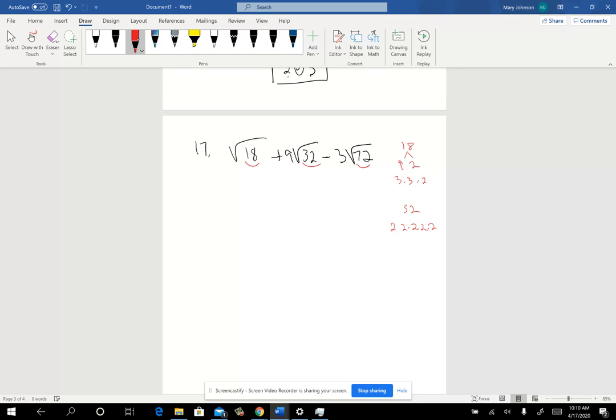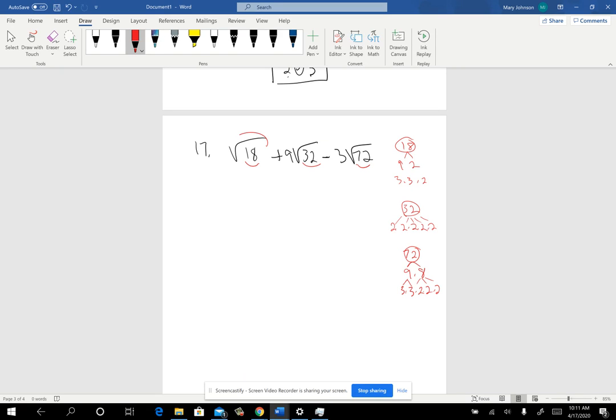Yeah, 5. And then we have 72. And 72 is 9 times 8. That's 2 3s and 3 2s. So we'll use that information when we wind up simplifying the radical part.